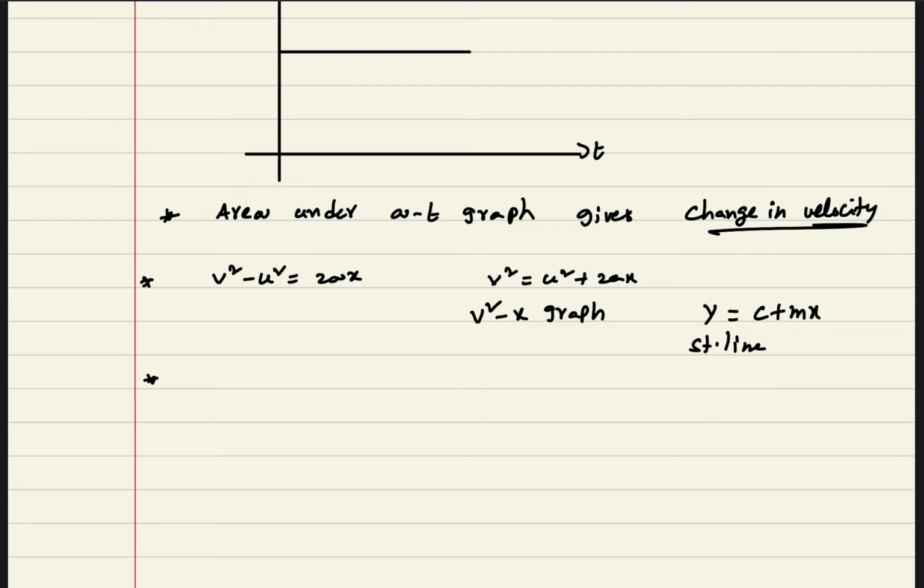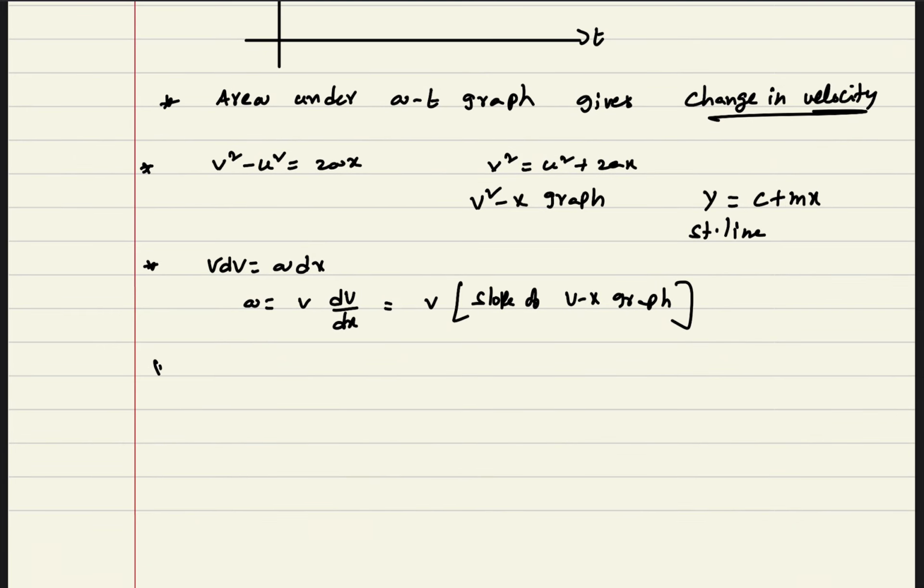Similarly, if I want any v and x graph, v dv is equal to a into dx. A is equal to how much? A is v into dv by dx, that is v into the slope of the vx graph. Observe this.